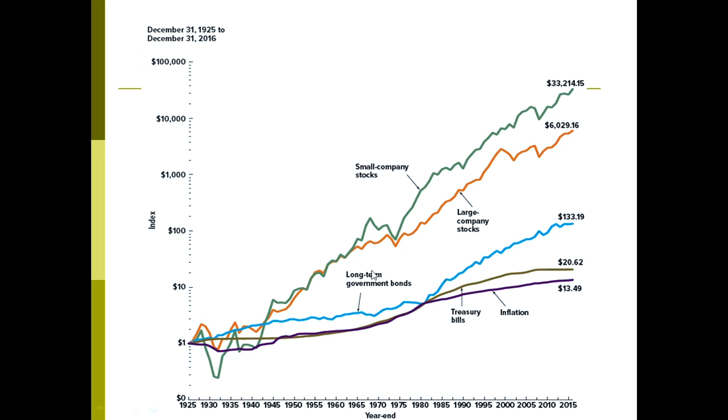If you invest in long-term government bonds, $1 will turn into $133 over this long time period. But if you invest in the S&P 500, the large companies, $1 will turn into $6,000. While if you invest in small stocks, riskier stocks, your $1 investment will turn into $33,000.